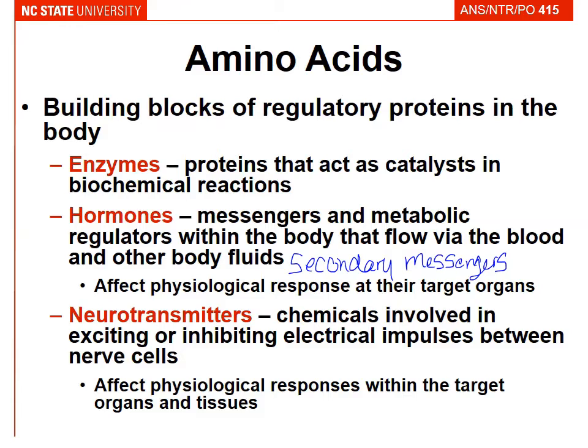We also have amino acids that make up neurotransmitters, and these are chemicals involved in exciting or inhibiting electrical impulses between nerves. And again, there is a physiological response within the target organs and tissues.